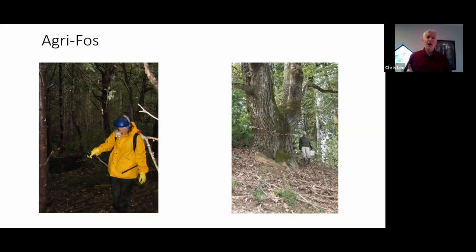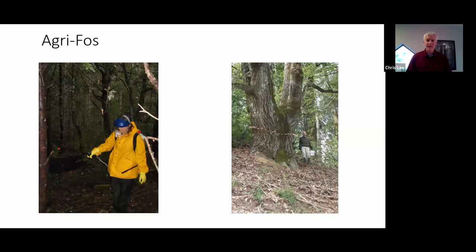On the left, on small trees and trees with thin bark, and trees that don't have a lot of moss on the bark to interfere with the absorption, you can actually spray the phosphonate fungicide on the trunk and have it absorbed into the tree. For larger trees or those that have thicker bark, as on the right, you can actually inject it into the tree.